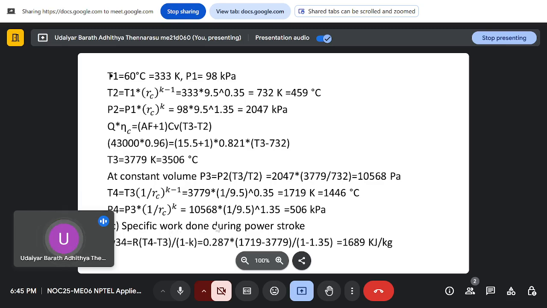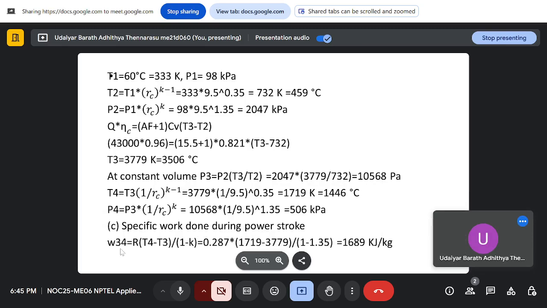The specific work done during the power stroke is the adiabatic work done. So the specific work is R into T4 minus T3 by 1 minus gamma. Substituting, we get the work done in the power stroke to be 1689 kilojoule per kg.